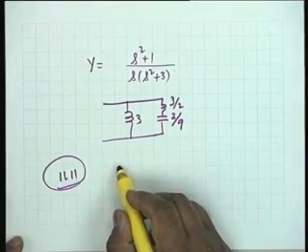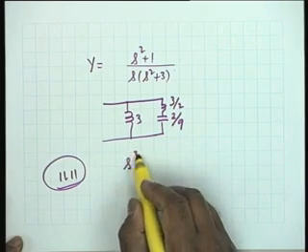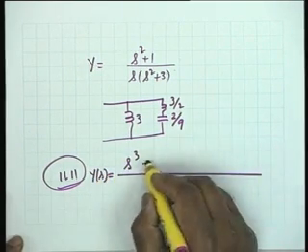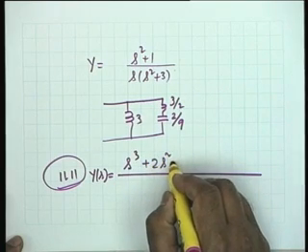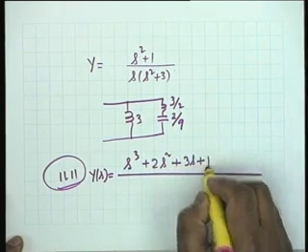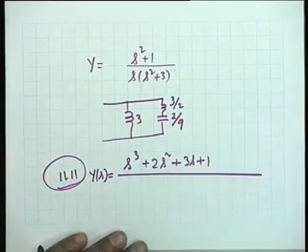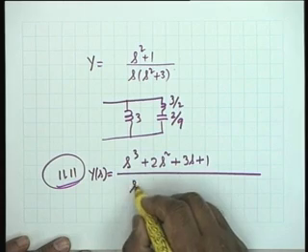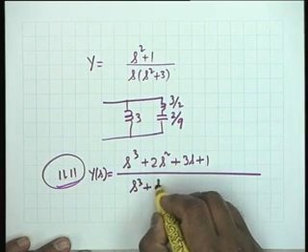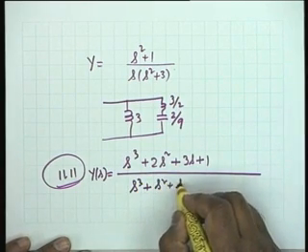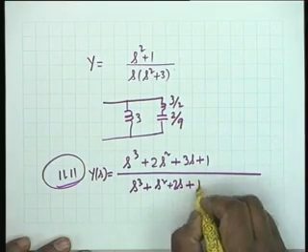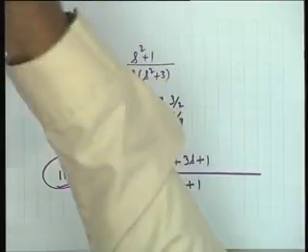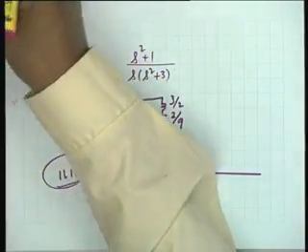11.11 says synthesize by continued fraction the function Y of s equals s cubed plus 2s squared plus 3s plus 1 divided by s cubed plus s squared plus 2s plus 1. There is nothing much in this.